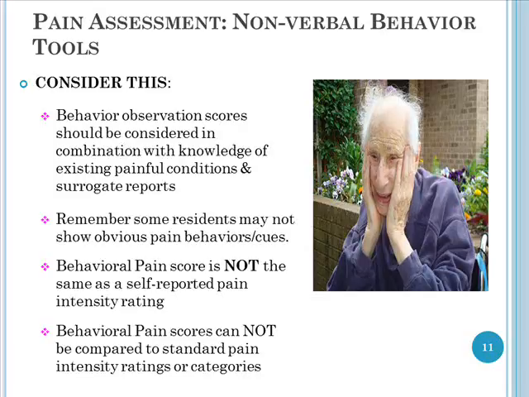It's important to understand that a behavioral pain score is not the same as a self-reported pain intensity score and cannot be compared directly to standard pain intensity ratings. So a tool that scored a 0 to 10 on pain behaviors is not the same as 0 to 10 on a numeric rating scale. These tools score increases and decreases in pain behavior, which are reflections of increases and decreases in pain, but not directly relatable to a numeric rating scale.